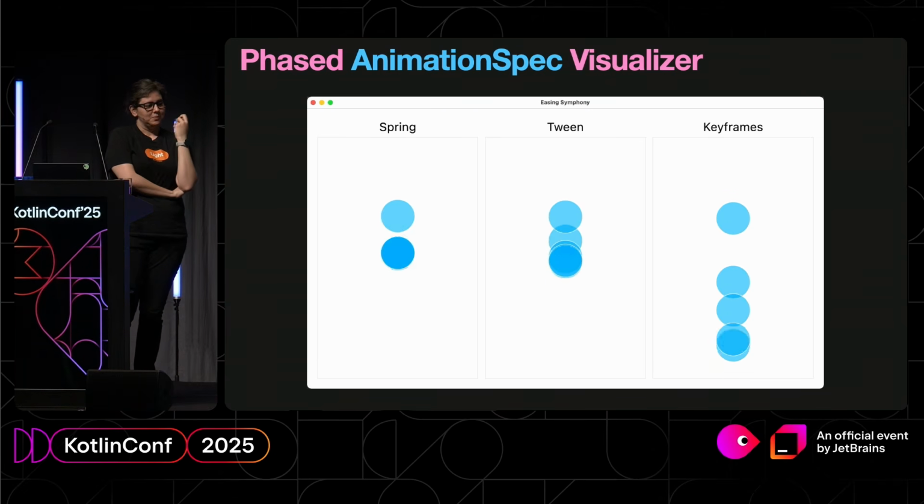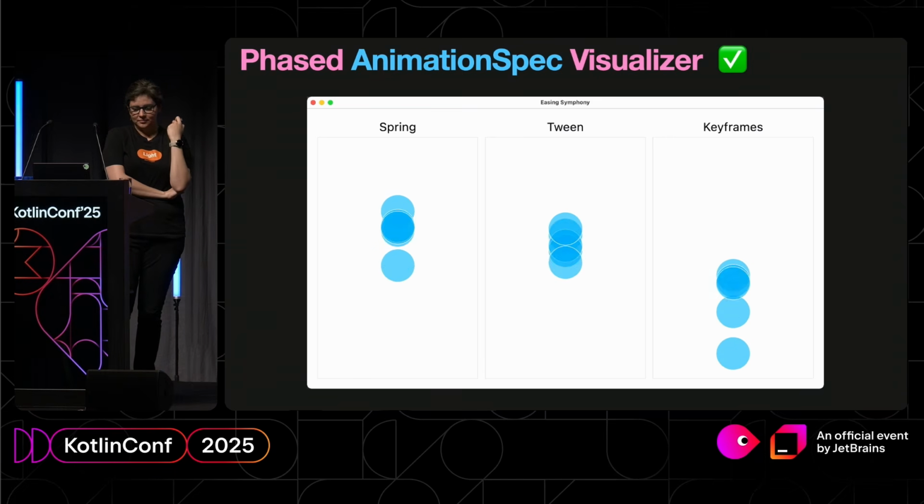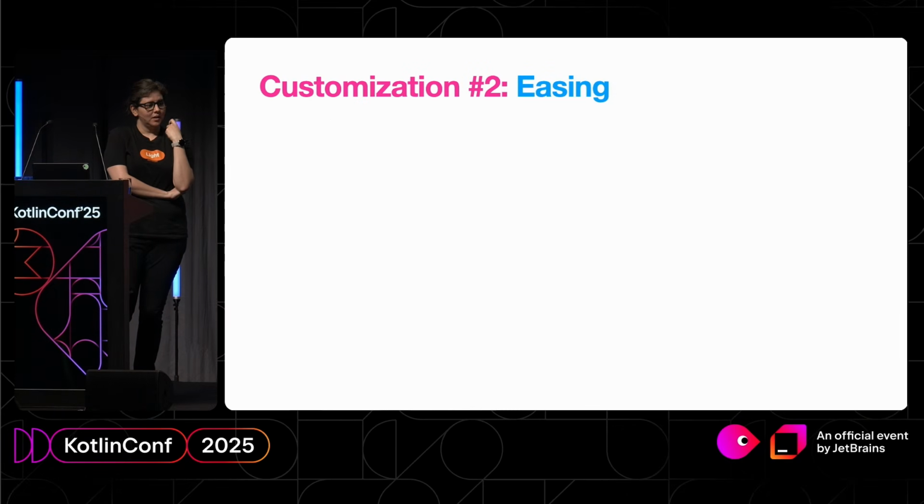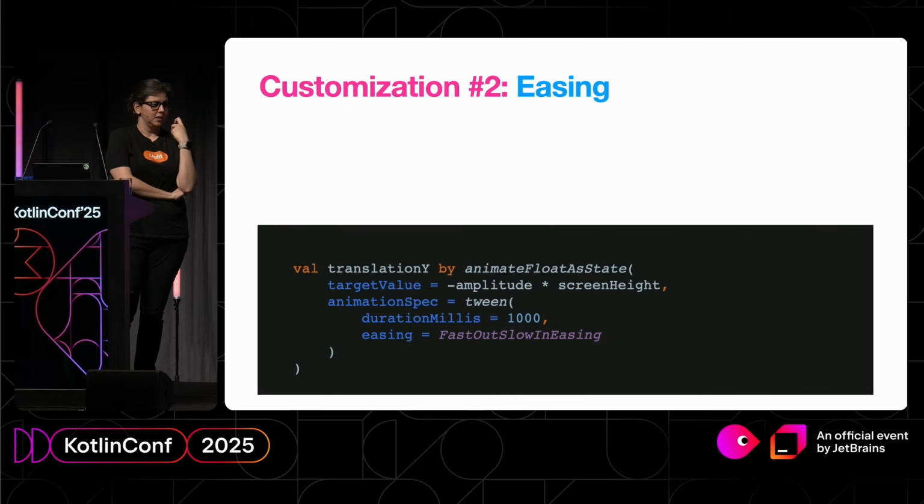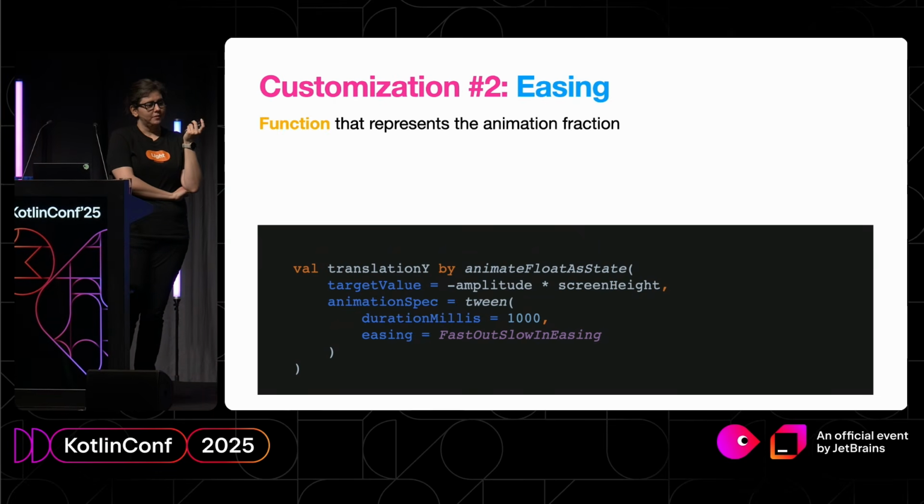Let's jump into customization number 2, easing. Now, you may have seen easing inside our tween AnimationSpec already, right? It was just added there. But what is actually easing? A way to define easing is that easing is a function that represents the animation fraction.